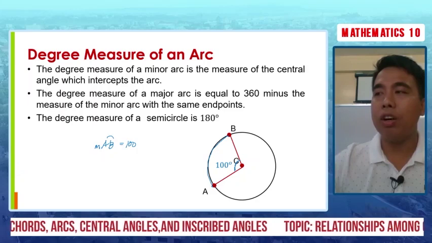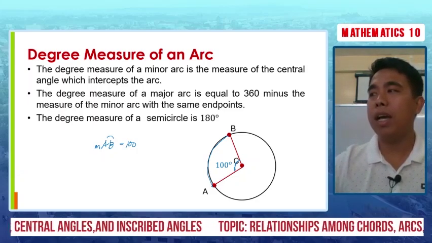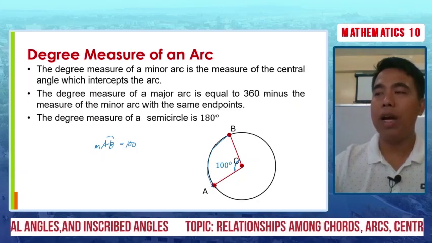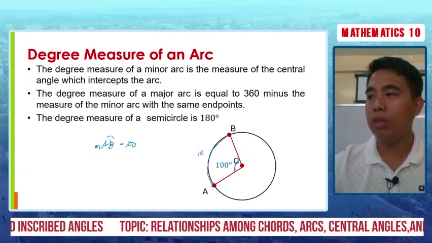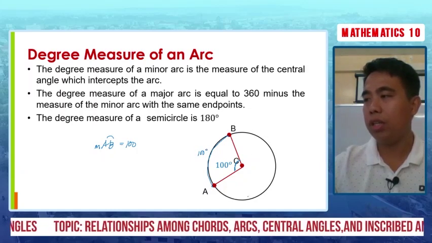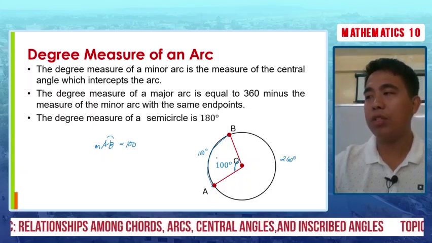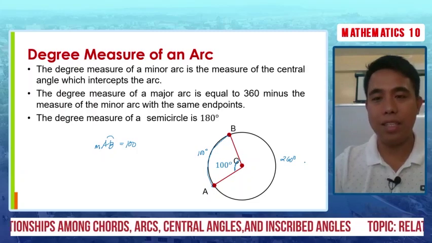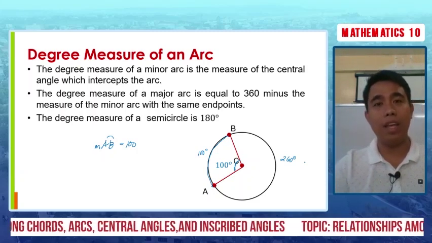The degree measure of a major arc is equal to 360 minus the measure of the minor arc with the same endpoint. So if arc AB is equal to 100 degrees, then this major arc, this portion, that is equal to 260 degrees. So 360 minus 100, 260. And then the degree measure of a semicircle is 180.